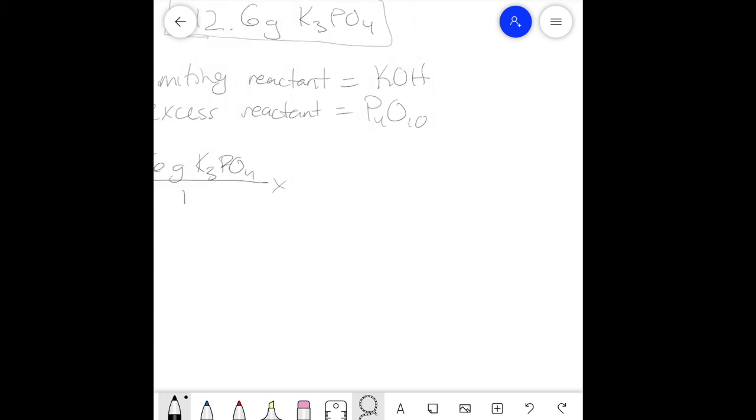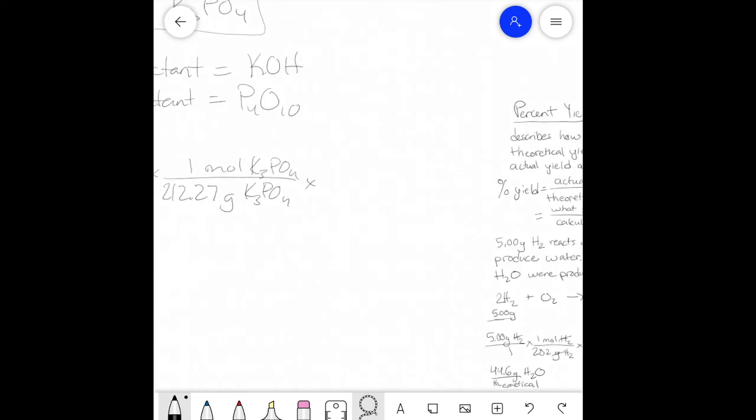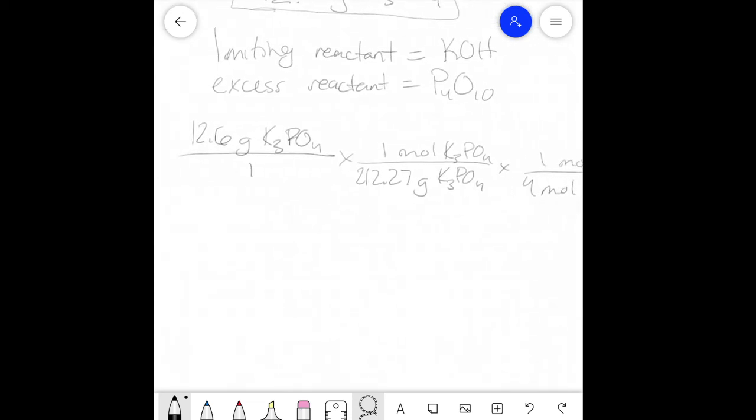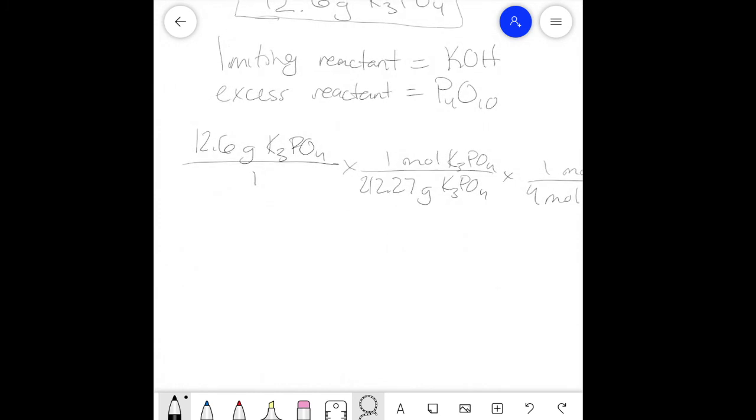And then you can just take that last part of the equation, just flip it, and then we're doing this to the excess yield because we want to find out how much was used. So that's 4 moles over 1 mole of phosphorus oxide.